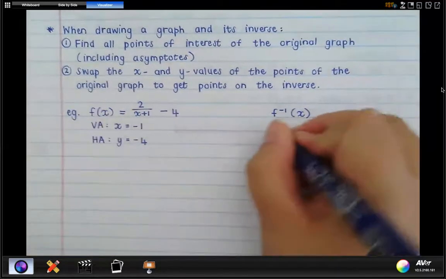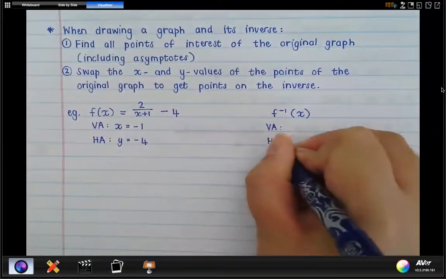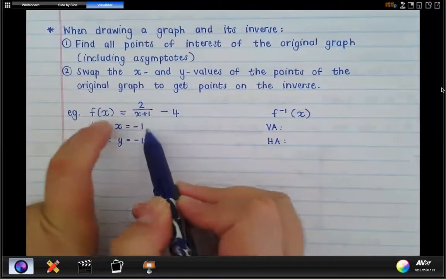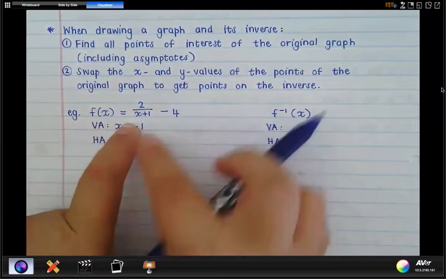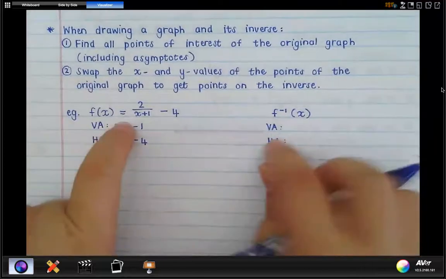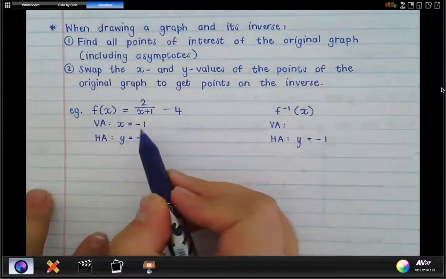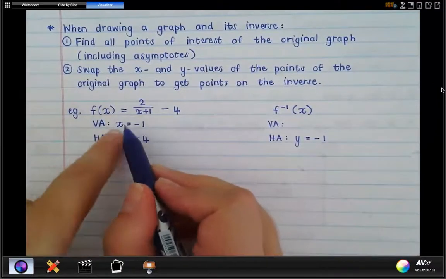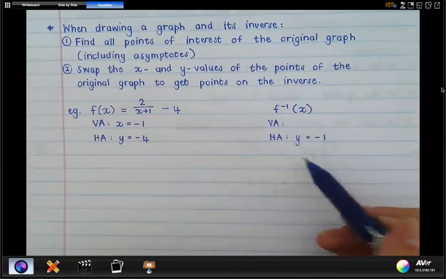So if we're looking at these two asymptotes, the x asymptote of the original is -1. This means that the y asymptote of the inverse is going to be -1. So the asymptotes basically swap around, right? If the vertical asymptote of the original is x equals -1, then you swap that x with a y, and that will give you the horizontal asymptote.